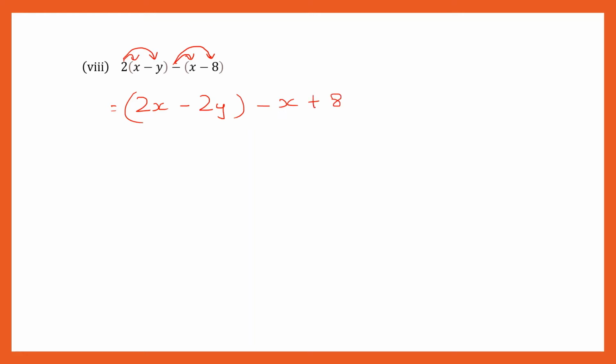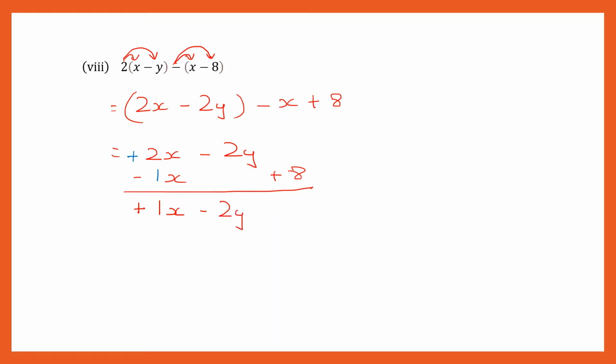So let's arrange this and see. 2x minus 2y minus x plus 8. So let me put the sign and the number and work this out. Signs are different. 2 minus 1 is 1x. We can write this as it is, minus 2y plus 8.